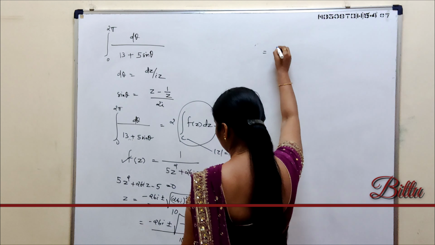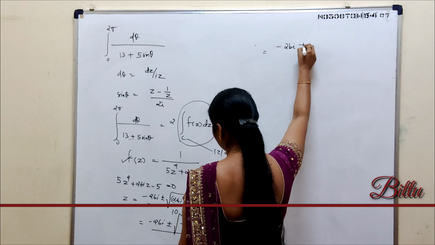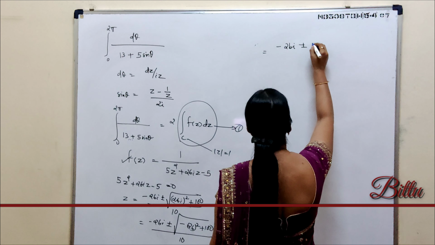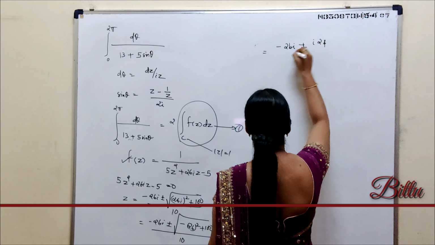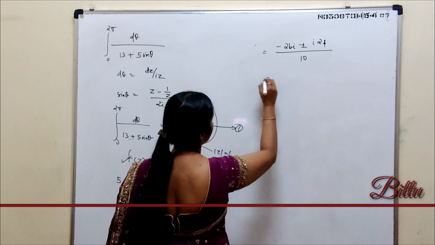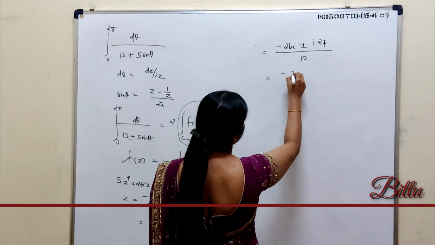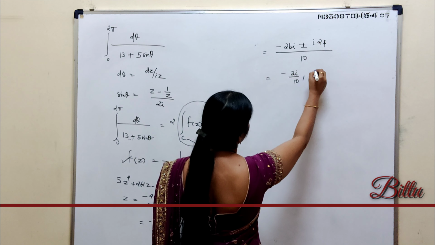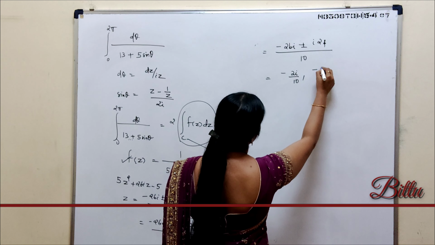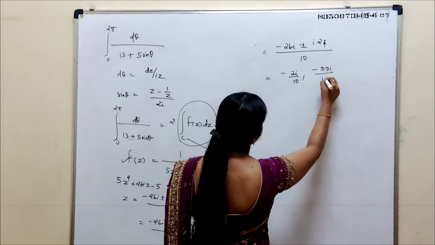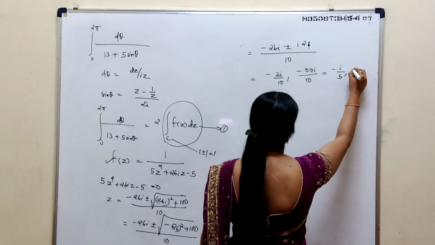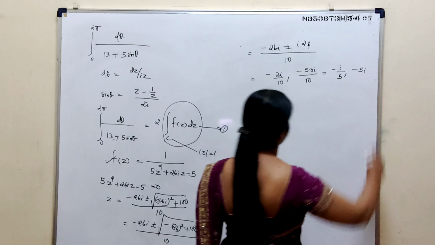It is minus 26i plus or minus i into 24, by 10. So it is minus 2i by 10, and minus 50i by 10. That is minus i by 5 and minus 5i.